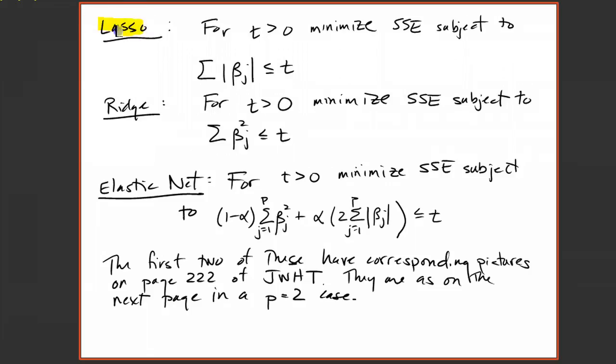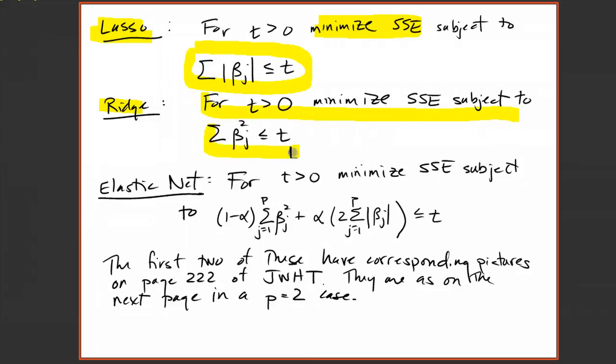So what am I talking about? Well, for the lasso, I could phrase a constrained optimization problem that says for t bigger than 0, minimize the error sum of squares subject to this sum of the absolute coefficients being less than or equal to t. The ridge version says for t bigger than 0, minimize SSE subject to this sum of coefficients squared less than t.